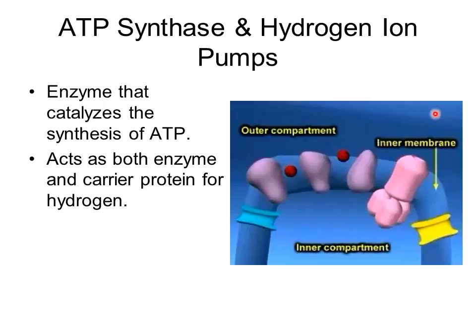When the concentration of hydrogens out here are really high, they will start flowing down the concentration gradient through this carrier protein, which is called ATP synthase, and that movement supplies energy here to stick another phosphate group onto ADP, forming ATP. That's why this enzyme is called ATP synthase, because we are making more ATP.